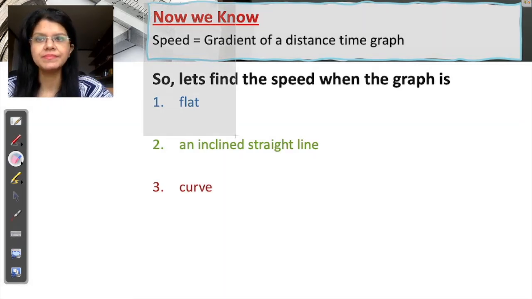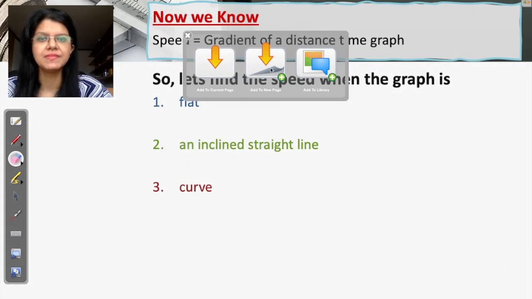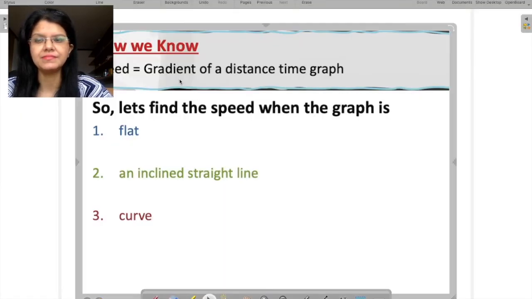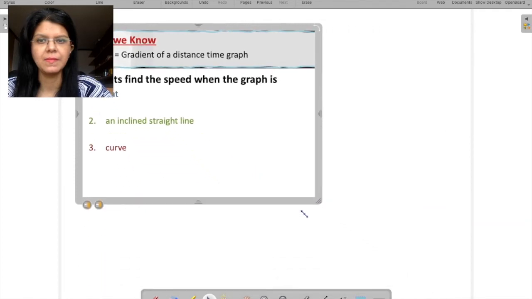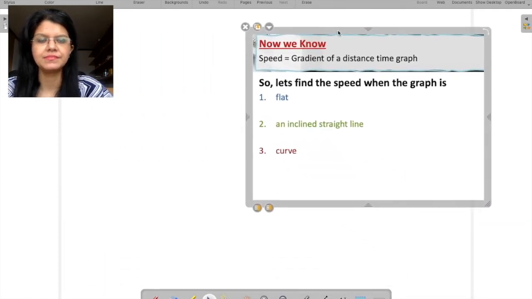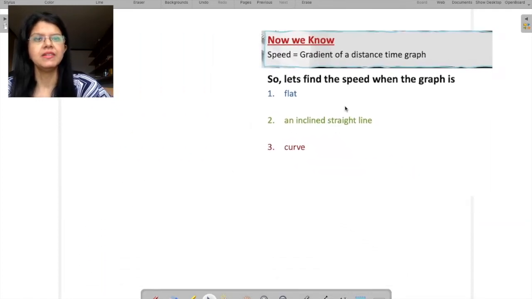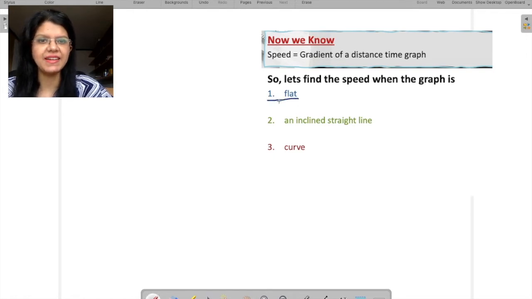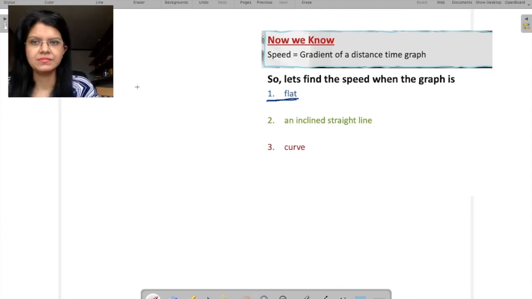Let's now come to our white screen. So the speed when the graph is a flat line.